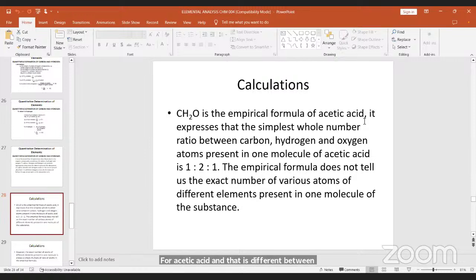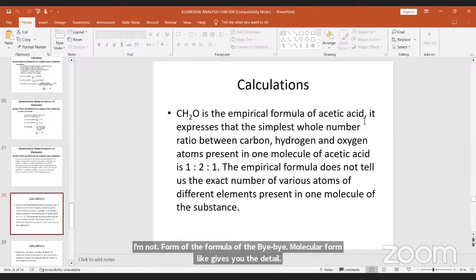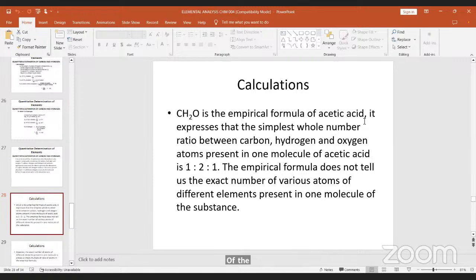Empirical formula is just a summary or an annotated form of the formula of the compound, whereas molecular formula gives you the detail of the constituents in that compound. It will give you the total amount of carbon, total amount of hydrogen, and any other element that is present in the compound.